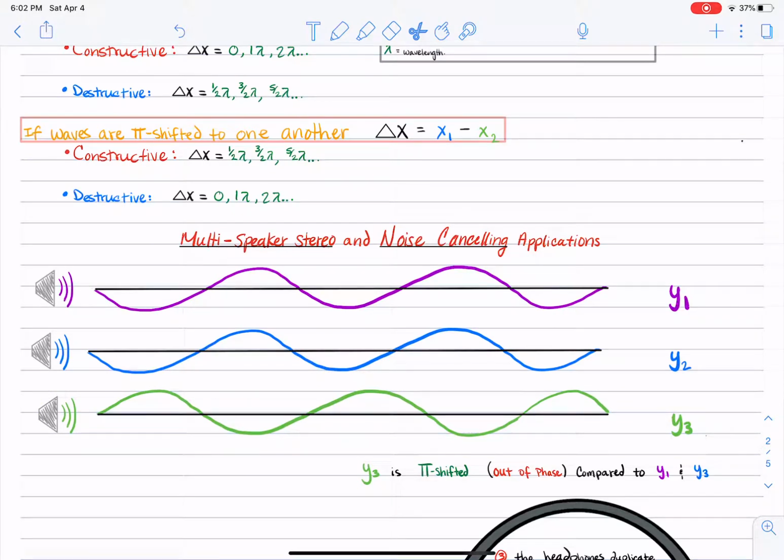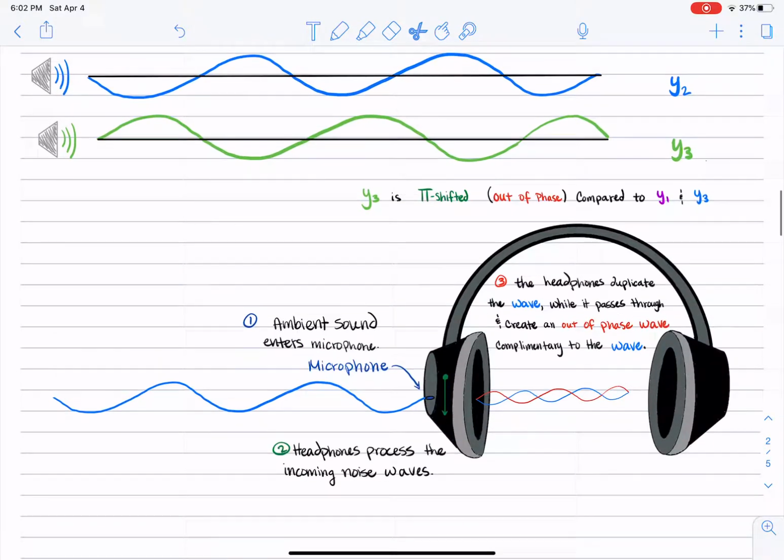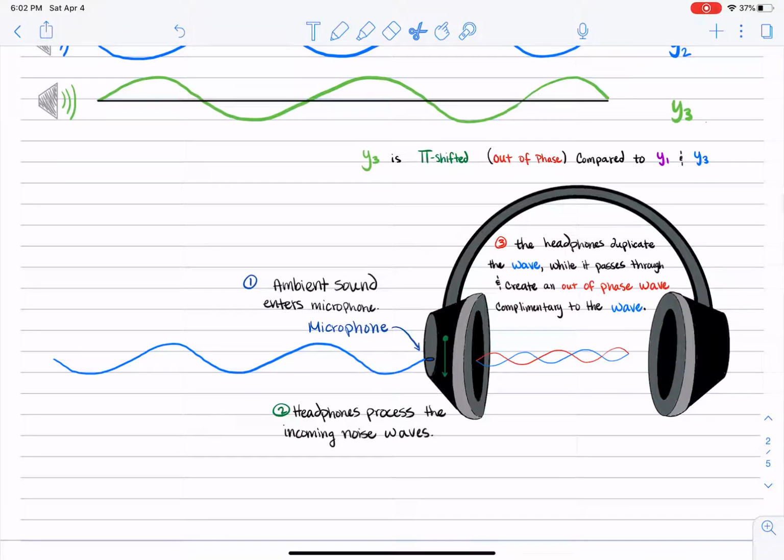To illustrate this, I drew this headset down here, and what we have is ambient noise. Say you're studying and you hear some people in the snack zone talking really loud. If you had noise canceling headphones on, this ambient noise comes through the headphone into this microphone.